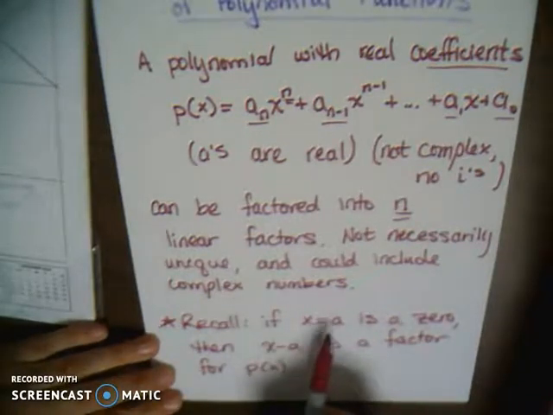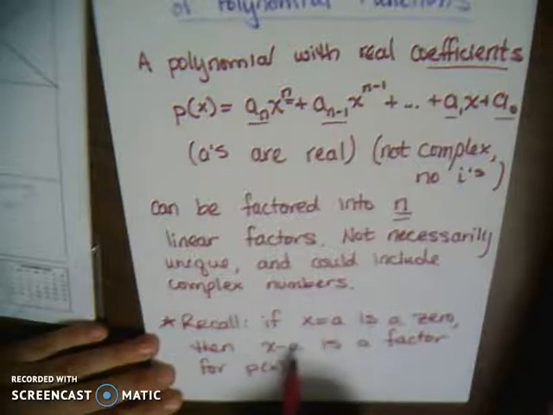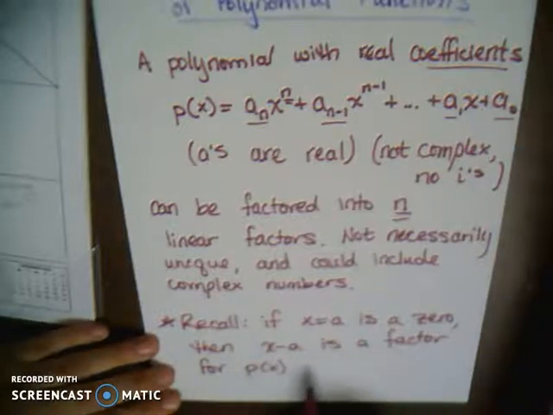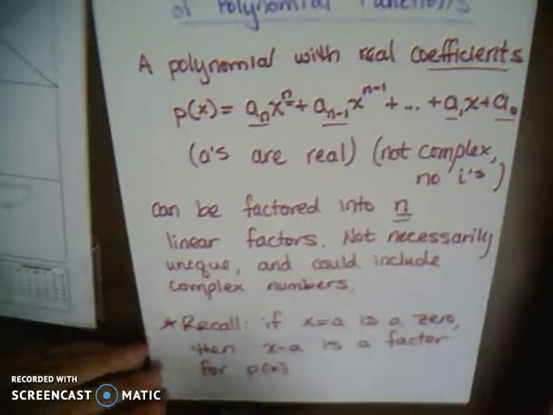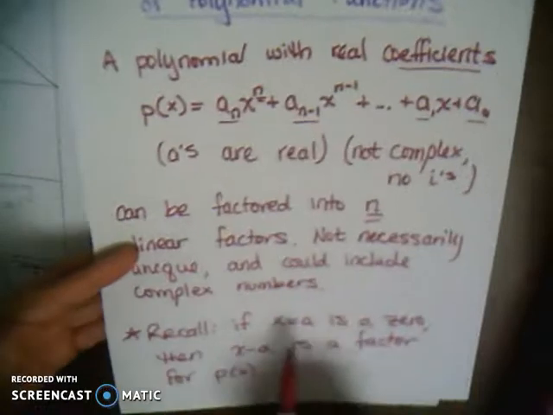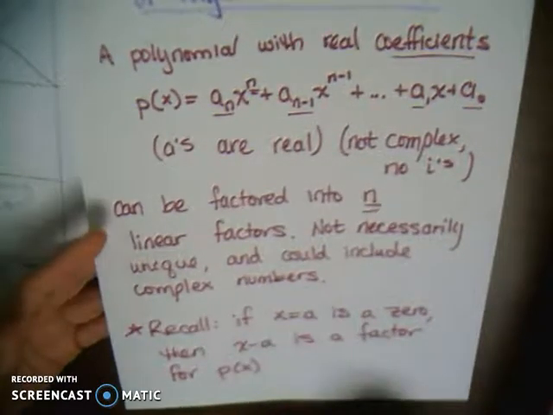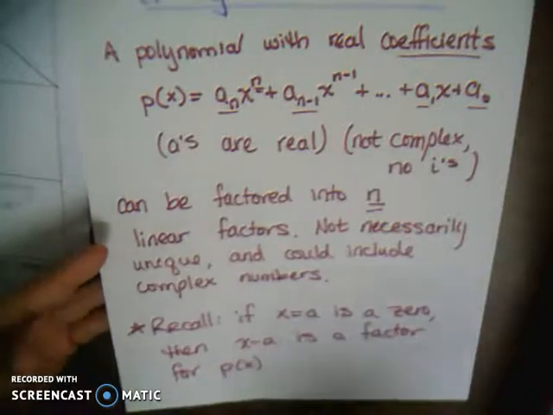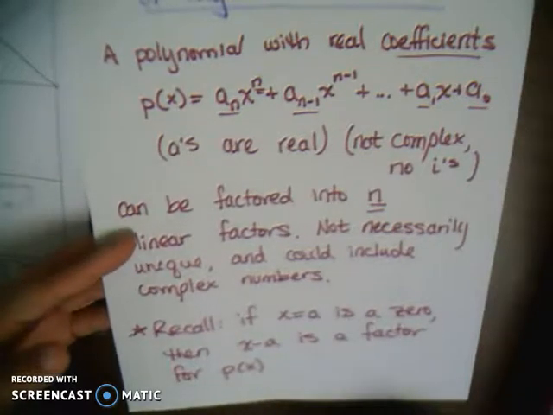So if we know something is 0, then we can use that information to create a factor. And if we know all of the zeros for a polynomial, then we could potentially write out all of the factors of the polynomial. Even if it's something that we don't traditionally know how to factor by hand, we can get the same information just by looking at zeros, and also x-intercepts. We had a link for that as well, which we'll talk about again here in a couple minutes.